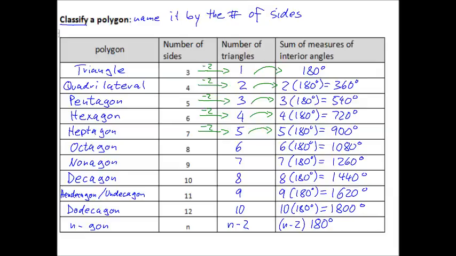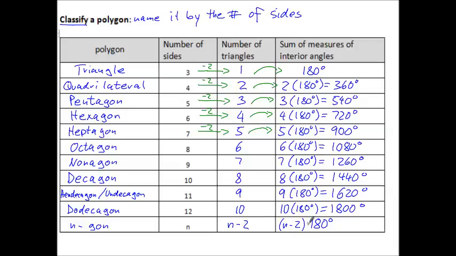So hopefully you got to the same results here. The number of triangles, of course, is always 2 less than the number of sides, and multiply that by 180, and this is what you get for the interior angle measures, the sums of them over here on the right. Now for the n-gon, we just can create a rule. The rule is n minus 2. That's the number of triangles multiplied by 180.